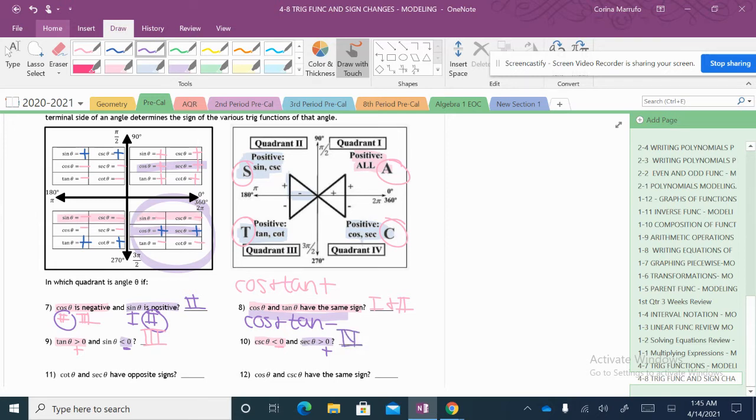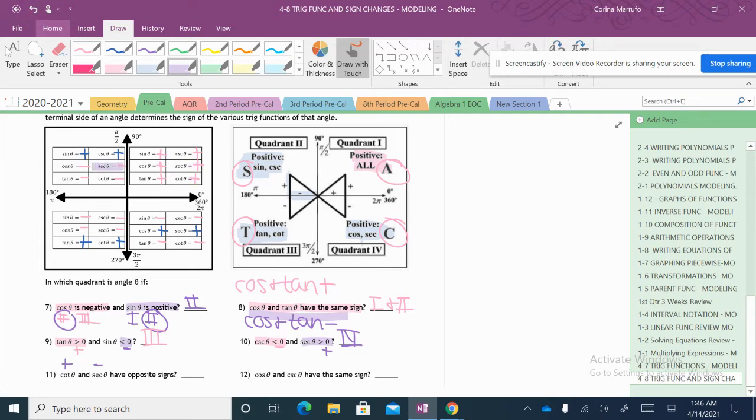All right, let me erase this part. Moving on to the next section. It says cotangent and secant have opposite signs. So we're looking for when cotangent is positive and secant is negative, or the other way around, when cotangent is negative and secant is positive. In the first quadrant, cotangent and secant have the same signs, so that's not what I'm looking for.